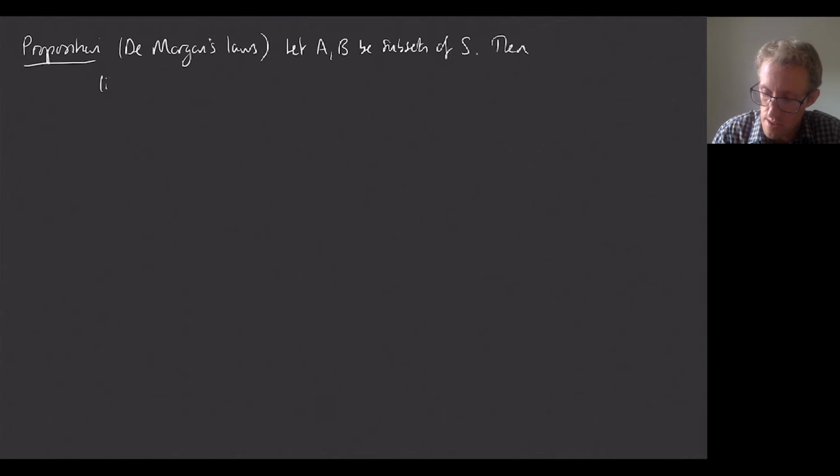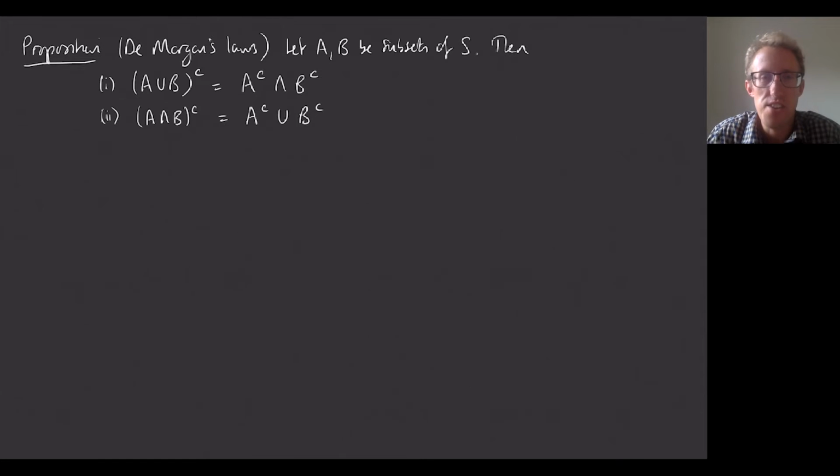First of all, the complement of the union, A union B, is the intersection of the complement of A and the complement of B. And secondly, the other way around, the complement of the intersection is the union of the complements.